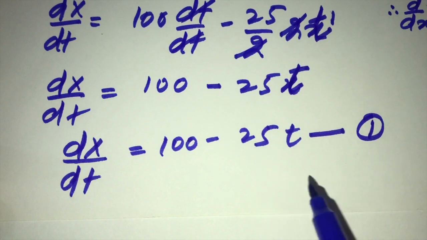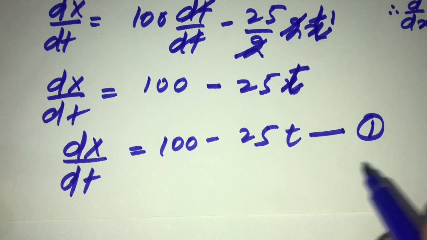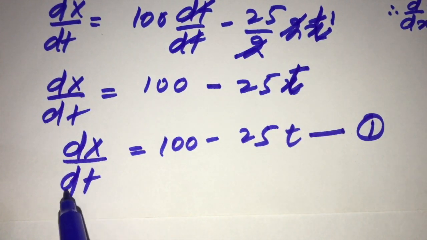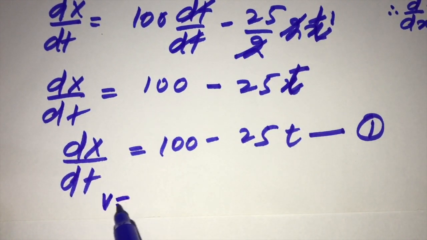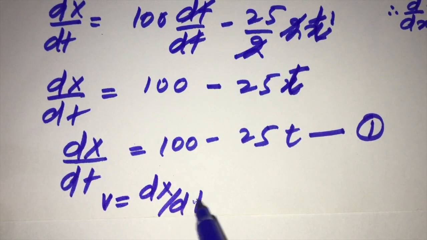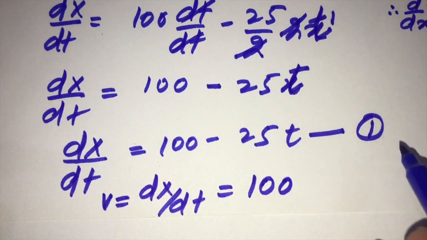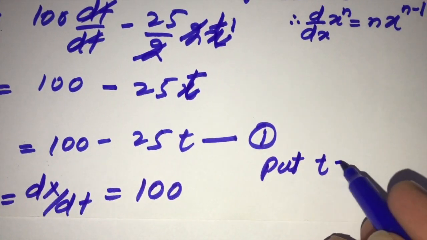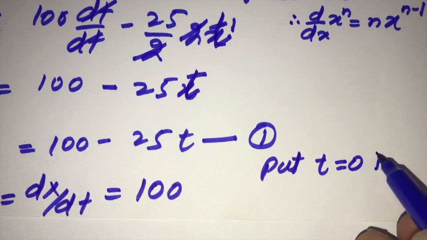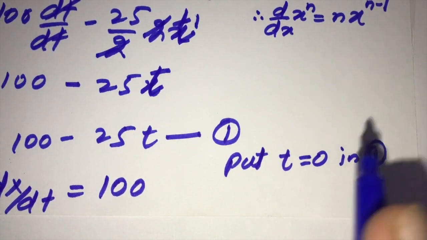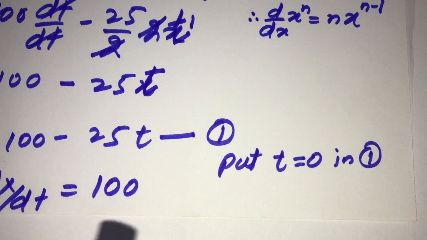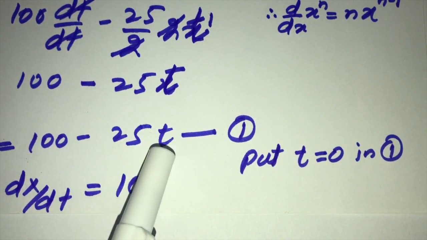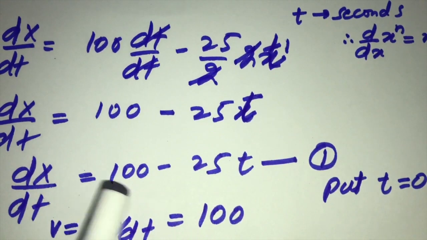When we put t is equal to 0 in equation 1, we get the answer, as we know that dx by dt is equal to v. So v is equal to 100. When we put t is equal to 0 in 1, this term will be equal to 0, and we only get the 100.